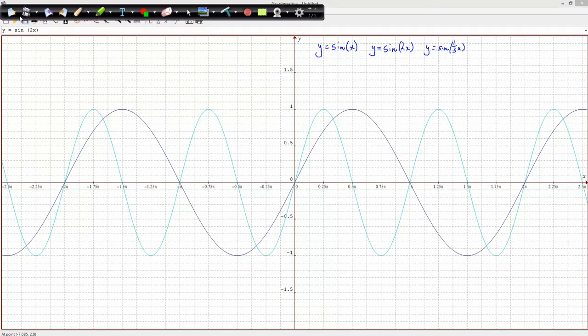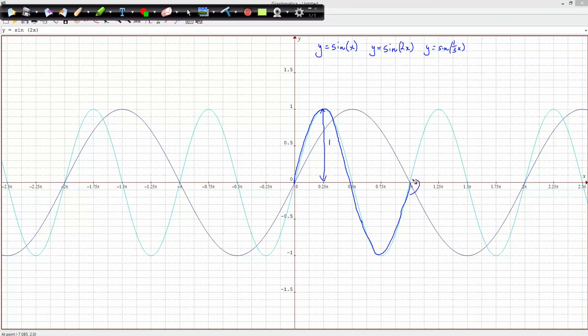So let's just discuss that a bit. Amplitude is still 1, same as the sine function. But what does the period mean? It means how many radians does it take before it repeats itself? If we look at the part which is repeating, we've got to there, and then it starts to repeat.